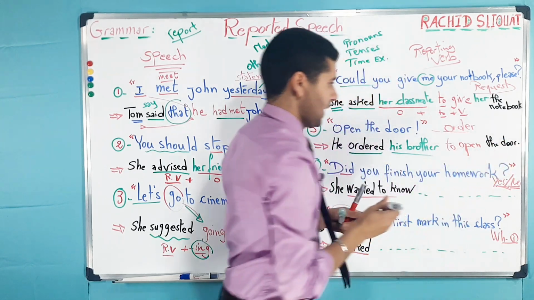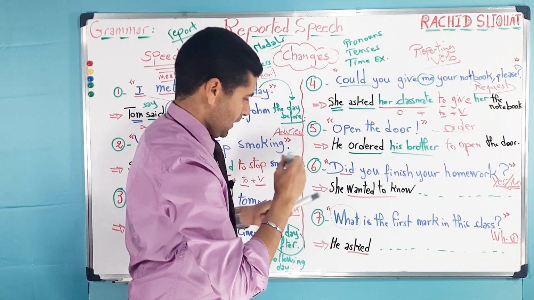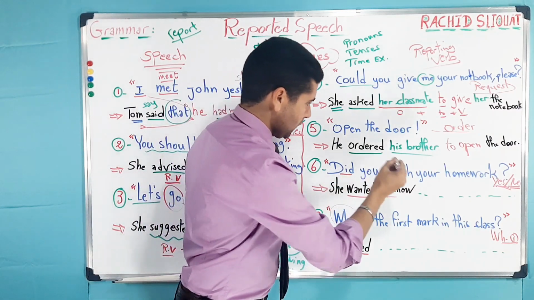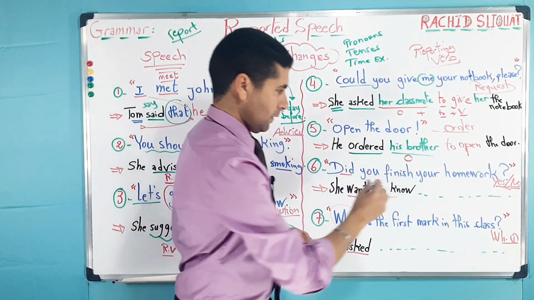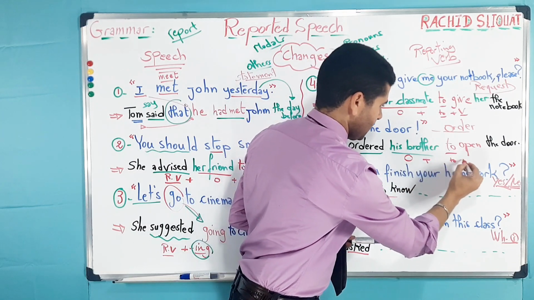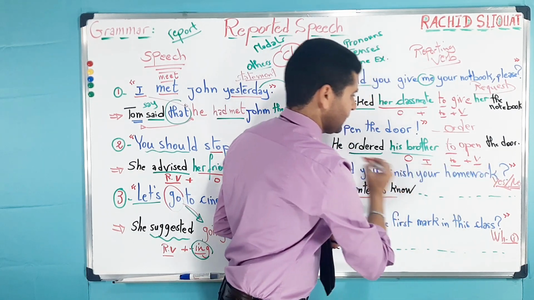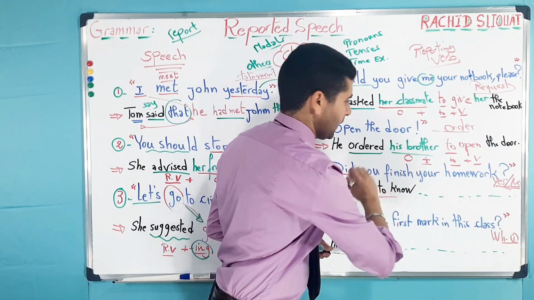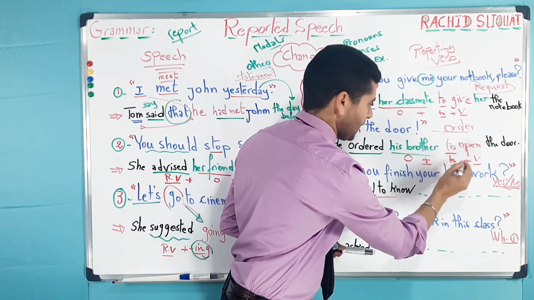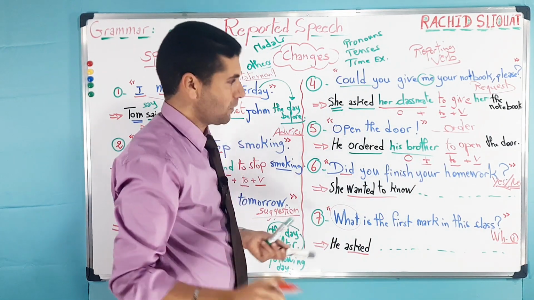Okay? All right. So what do you notice here? Very simply, the object plus to plus verb. The same. Okay? Plus to plus verb, which means verb in infinitive with to.